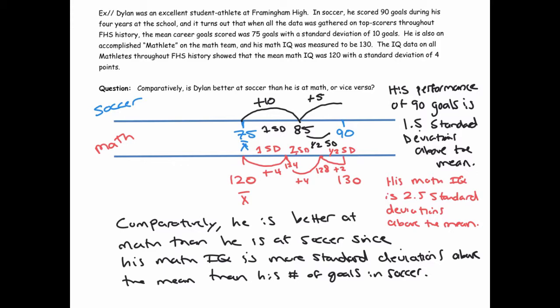So the point of this was just to give you a sense that the standard deviation can be used as sort of like a ruler, and it allows you to compare two quantities with different units. But of course, you need to know the mean, and you need to know the person's individual data value, and then you use the standard deviation to measure how far away that is.